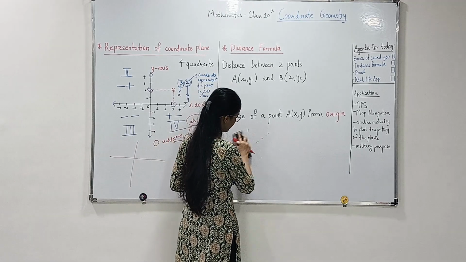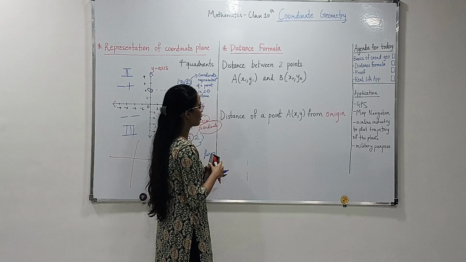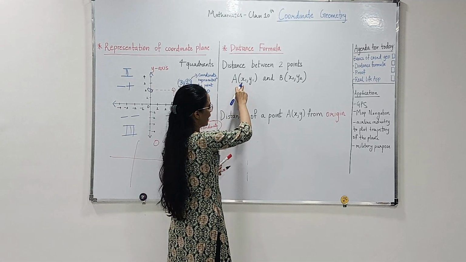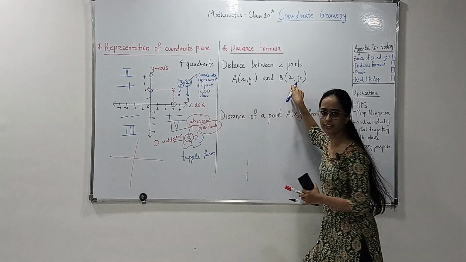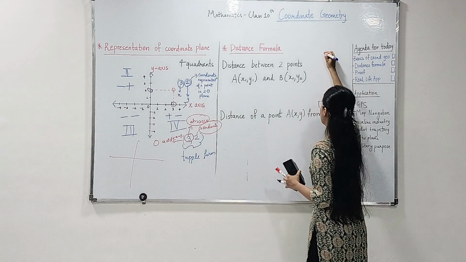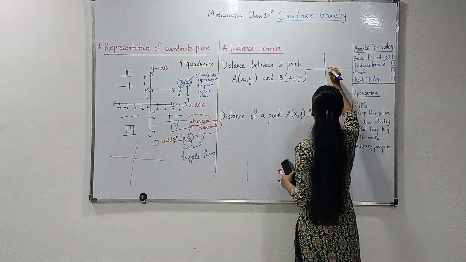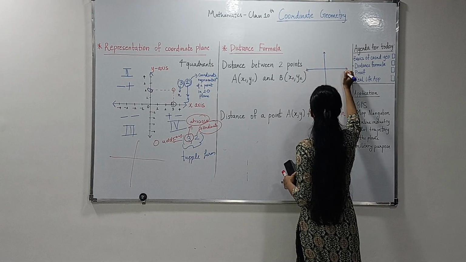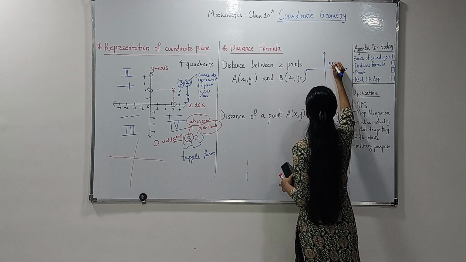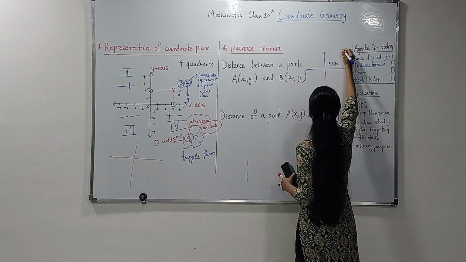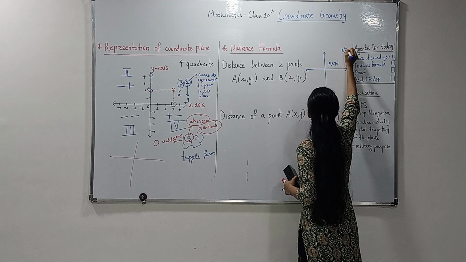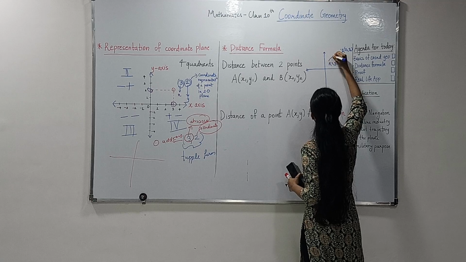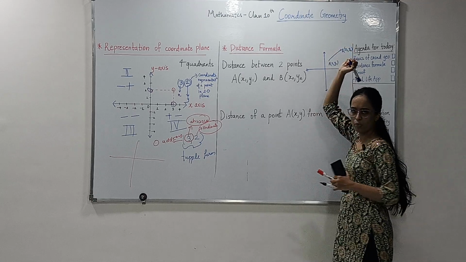So here, let's say that in a coordinate plane you have 2 points, A as x1, y1 and B as x2, y2. This is your coordinate plane, right? And you are supposed to find the distance between these 2 points.